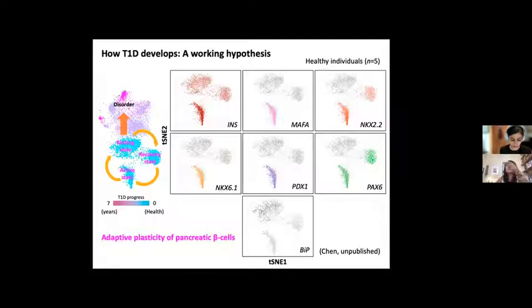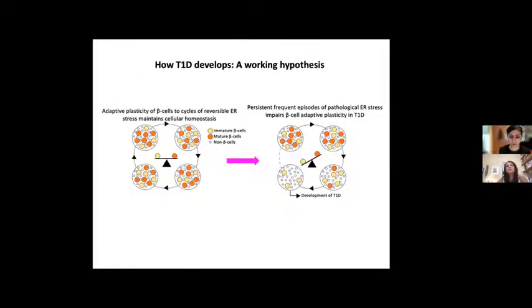Maybe it's the closing of the cycle, since these markers come later to stop any other gene expression, alpha cell, etc. BiP is expressed in the upper population, which suggests it is the less beta cell-like population of cells. So we put forward this model.